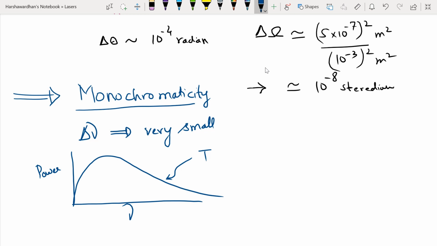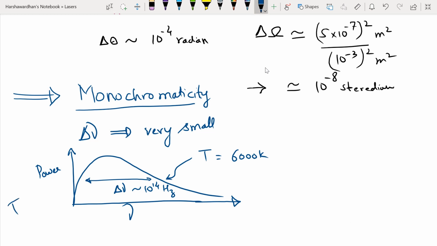This bell-shaped curve is associated with thermal sources at thermal equilibrium, also known as the black body radiation curve. For sunlight, with a surface temperature of around 6000 Kelvin, the width delta nu is roughly of the order of 10 to the power of 14 hertz, which is also the peak frequency of this thermal radiation.